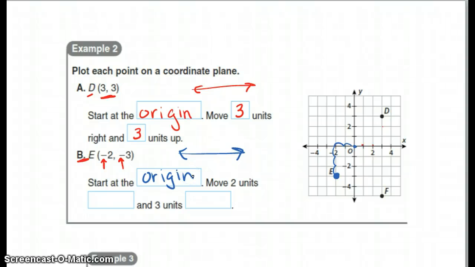I move 2 units to the left and 3 units down. Both of my numbers were in negative territory.